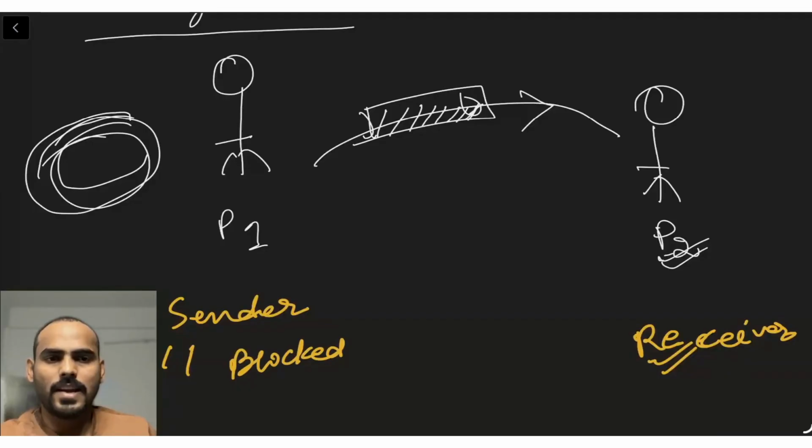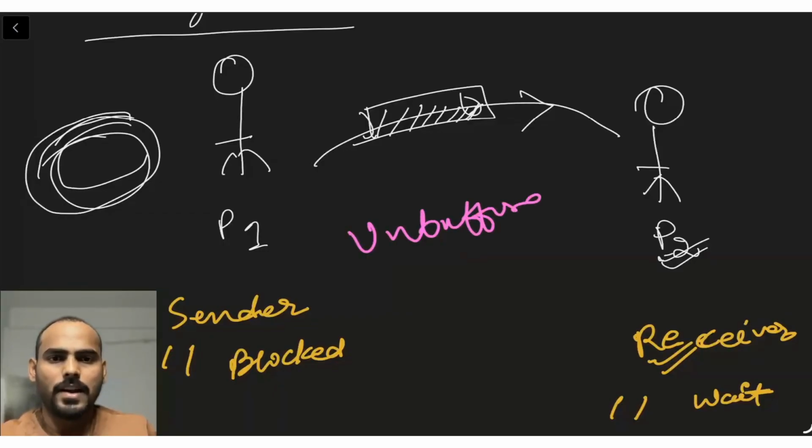And for the second case, let us assume this receiver is ready to receive the baton, but P1, which is the sender, is still doing the lap. What will happen? In that case also, this receiver will have to wait, right? So this is identical to the unbuffered channel example, right?